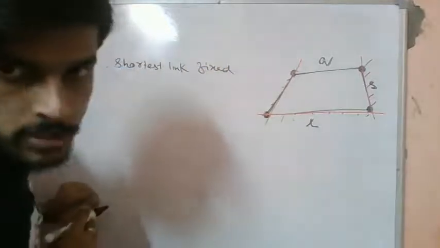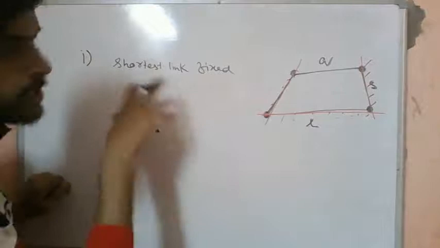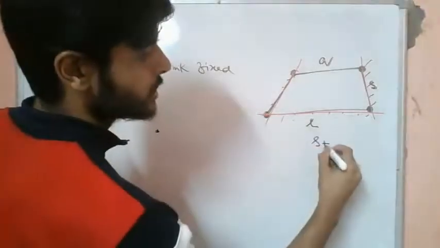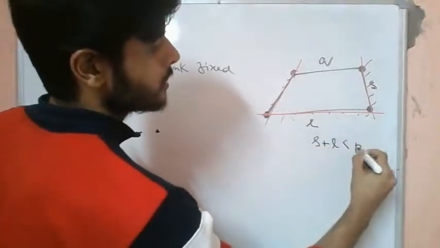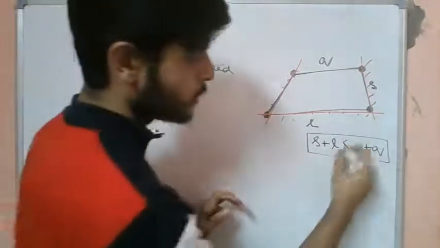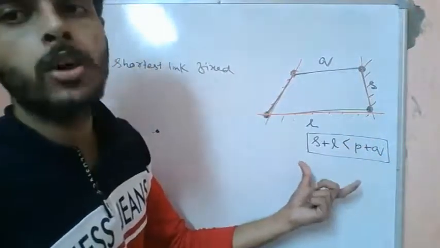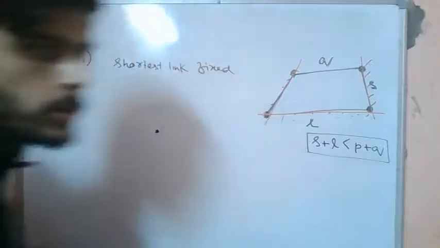If we fix the shortest link in a Grashof chain, where the inequality is satisfied, for a 4-bar mechanism, we will call this a Grashof chain.